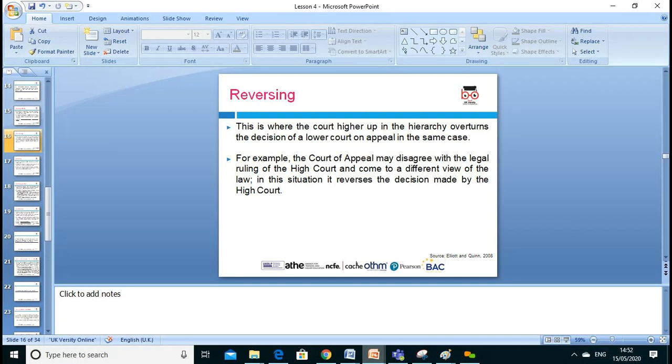Like you win the case, but maybe the Home Office or HMRC can take the matter to the upper court. The Court of Appeal may disagree with the legal ruling of the High Court and reverse the decision.